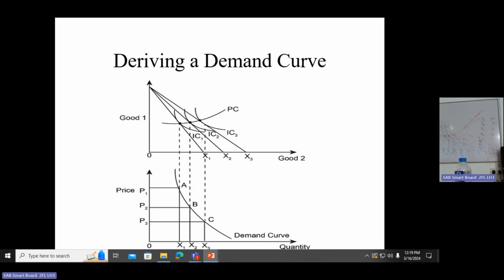We see the downward sloping demand curve from left to right. That explains that at higher prices there is lower demand, and at lower prices higher quantity demanded. That is based on the indifference curve analysis.